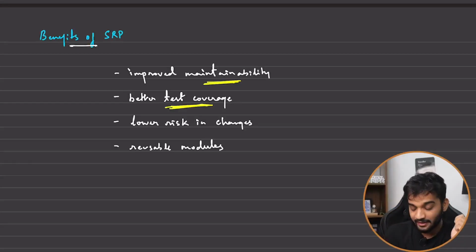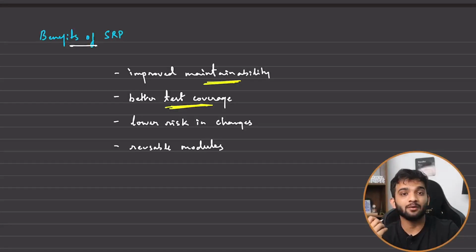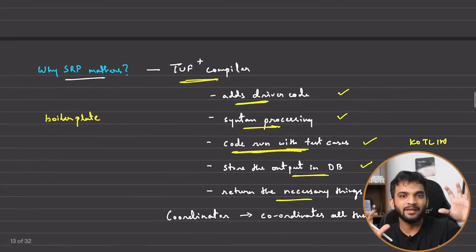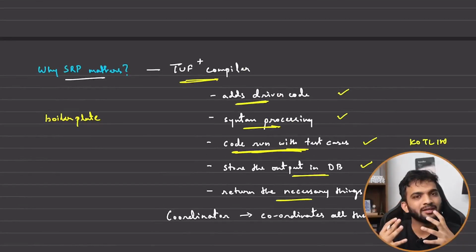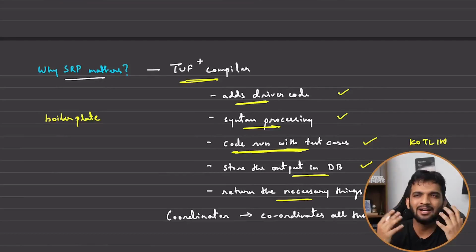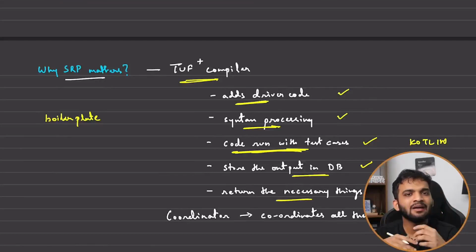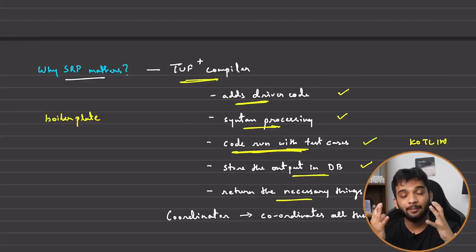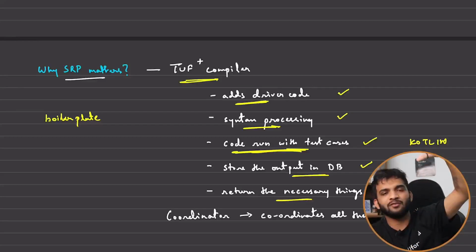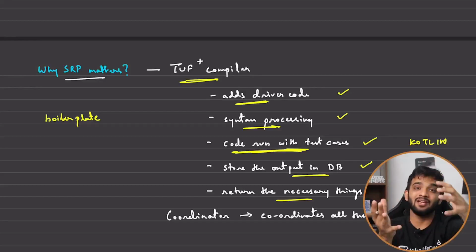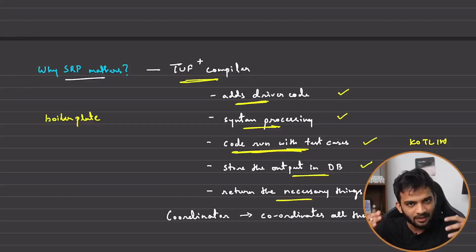That is where you can easily test it. Why? Because every class will be a standalone class, so you don't have to test a lot of things. There would hardly be a single functionality and you can test it easily. But imagine if your class does a lot of things, you'll have to test everything, and the bigger the use case, the tougher it is to write unit tests. Get that into your head.